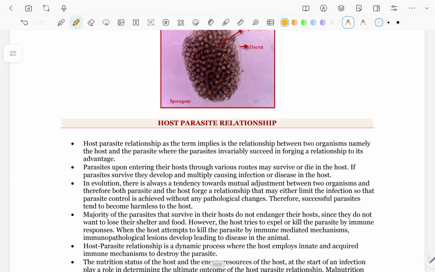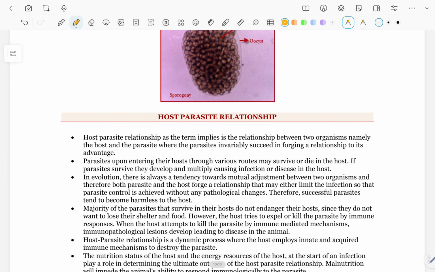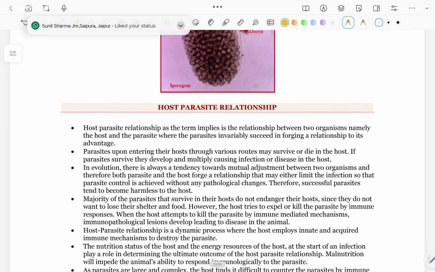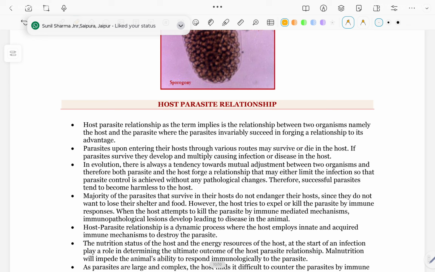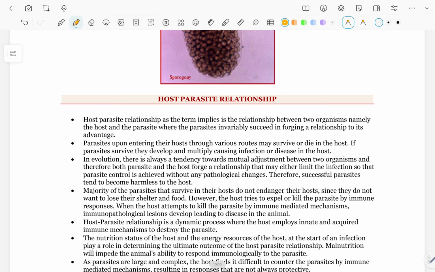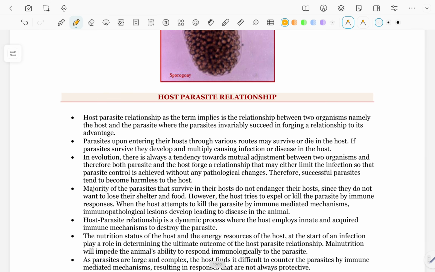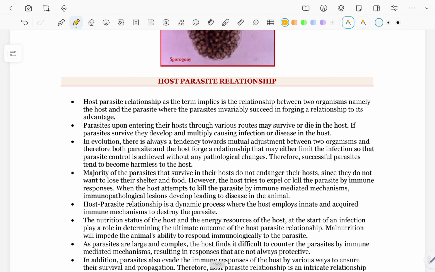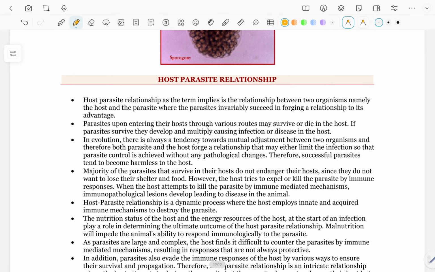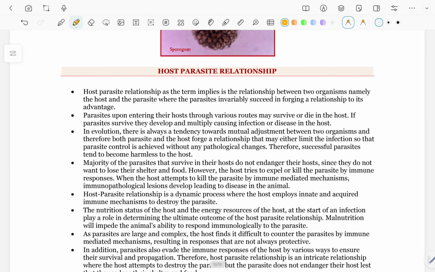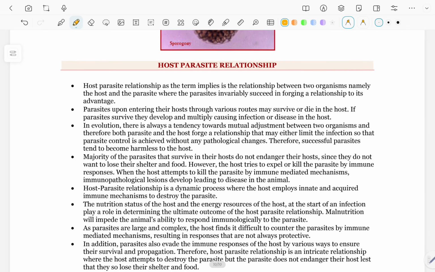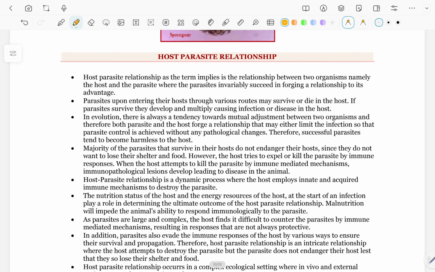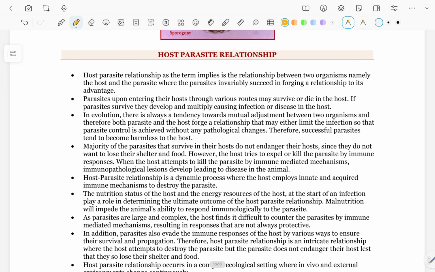Host-parasite relationship. The host-parasite relationship, as the term implies, is the relationship between two organisms, namely the host and the parasite, where the parasite invariably succeeds in forming a relationship to its advantage. Parasites, upon entering their host through various routes, may survive or die in the host. If parasites survive, they develop and multiply, causing infection or disease in the host.